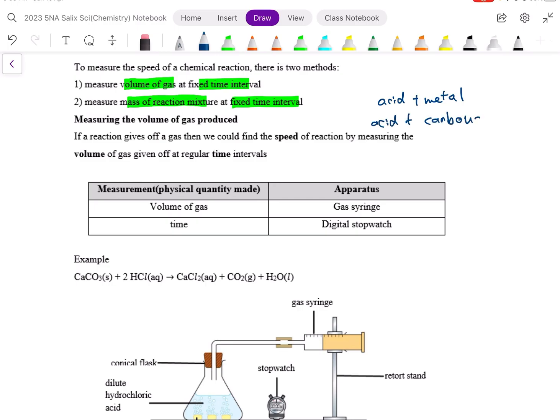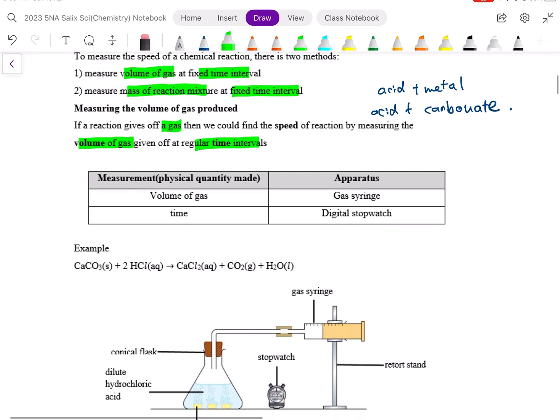Usually those questions for O level involve this kind because they all produce gas. Not too complicated reactions. If the reaction gives off a gas, we can find the speed of reaction by measuring the volume of gas given off at regular time intervals. So what are the variables, or physical quantities, that you measure?